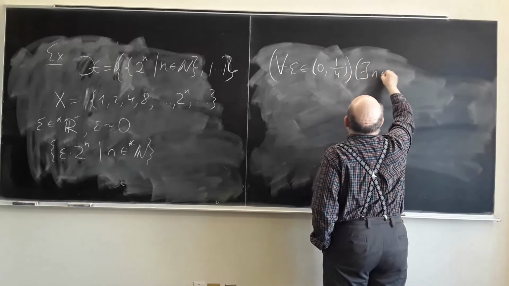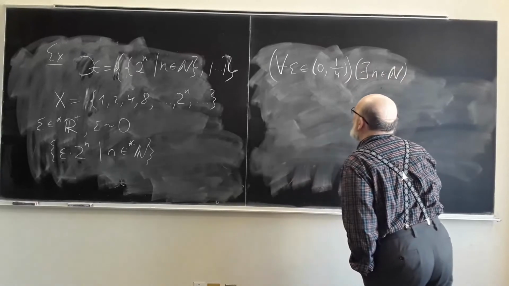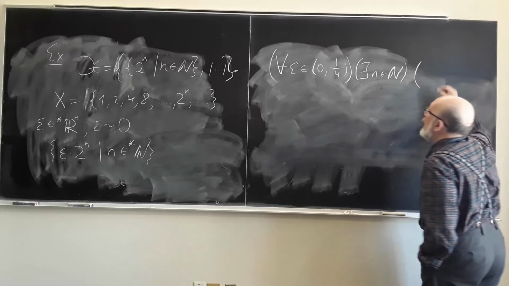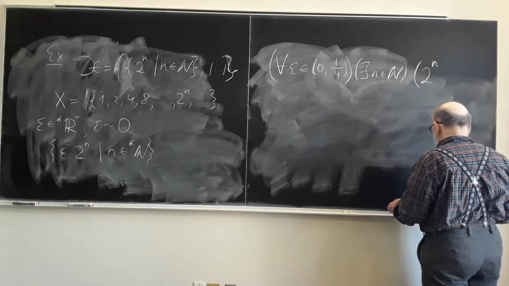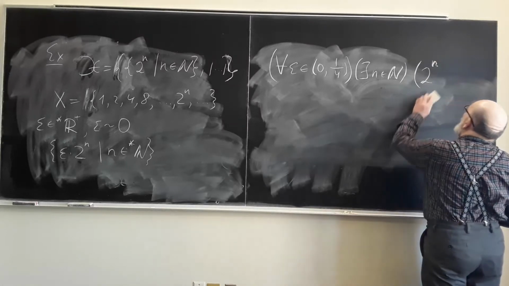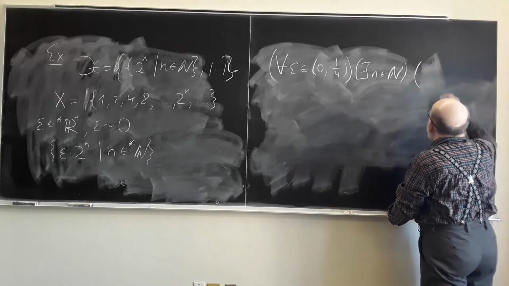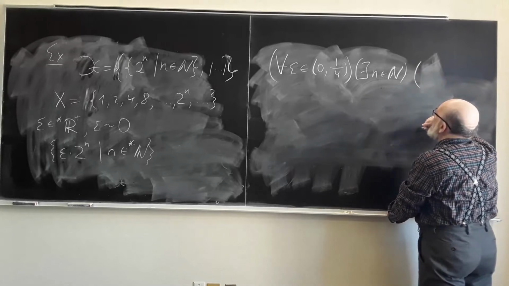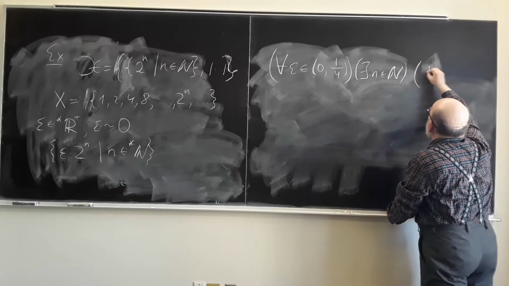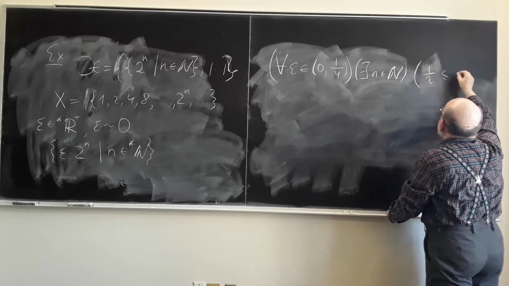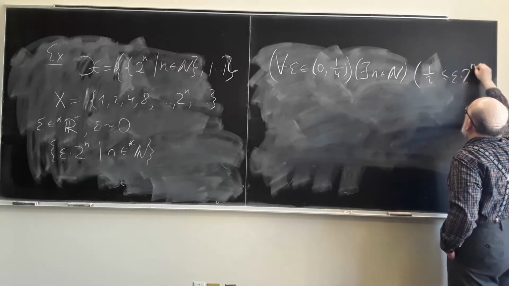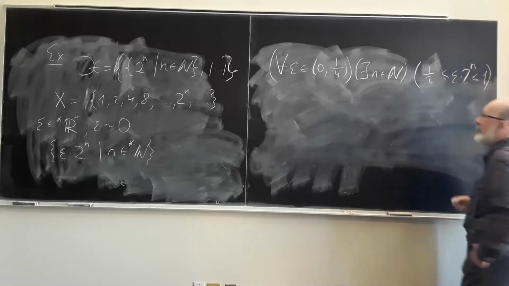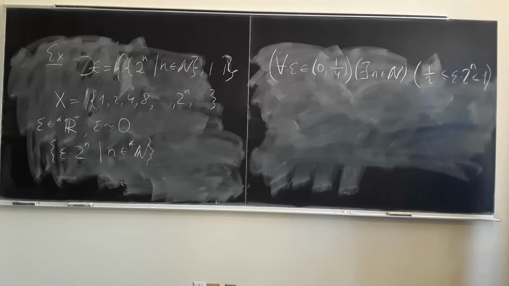There exists n in N such that 1/2 is less than or equal to epsilon times 2 to the power n, which is less than 1. Yes, so we find n such that this holds.